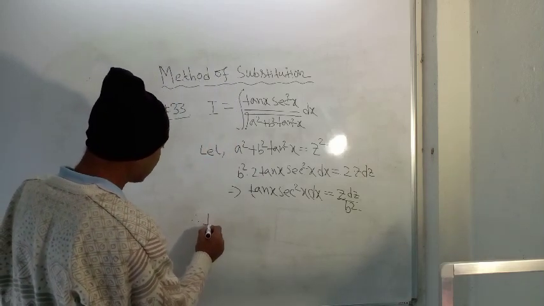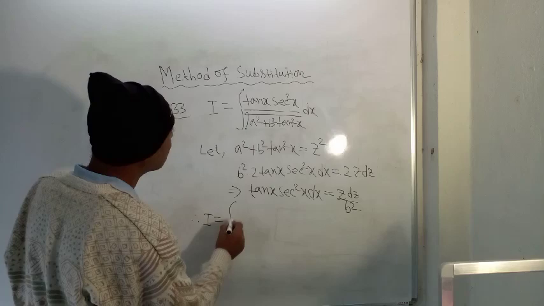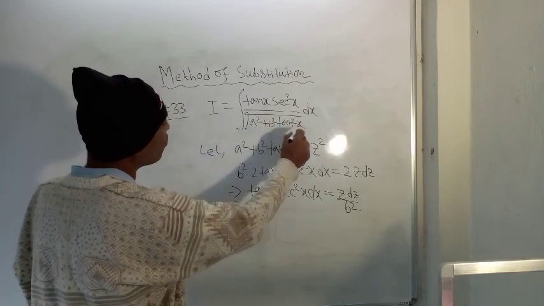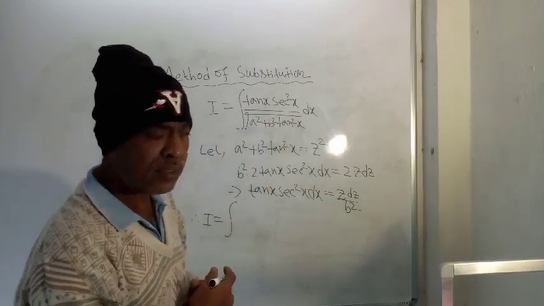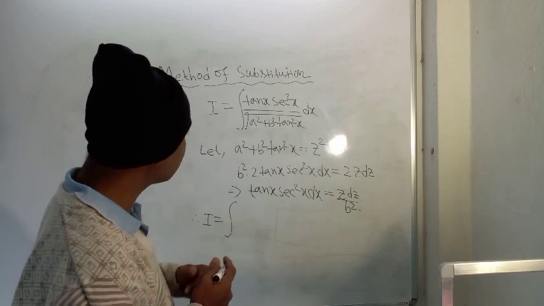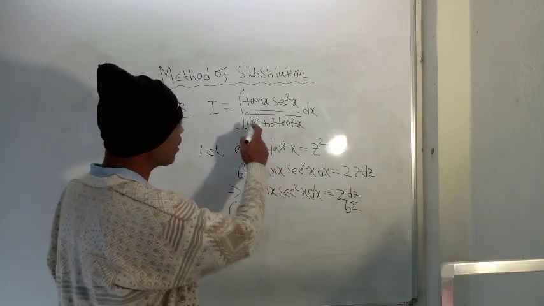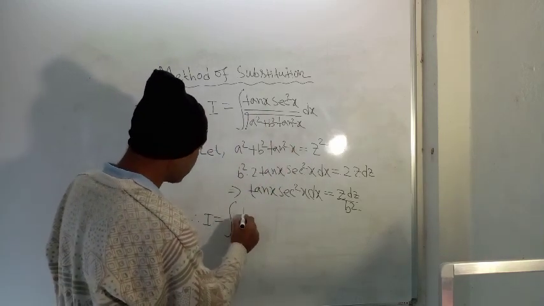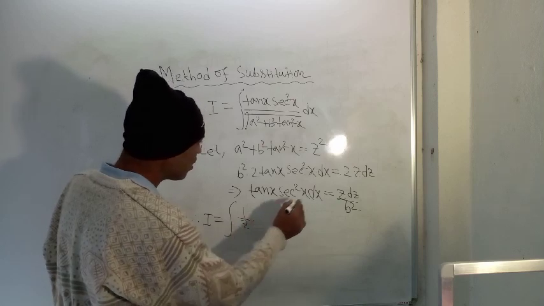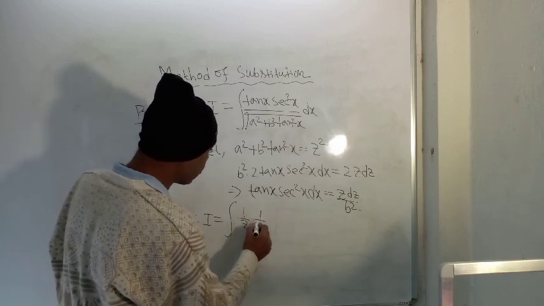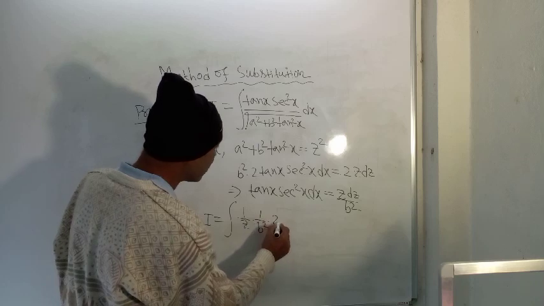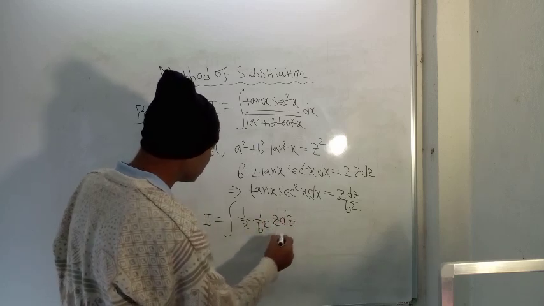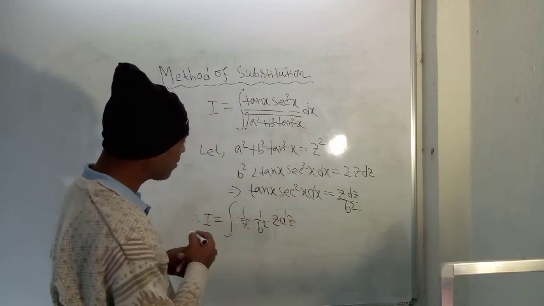Therefore, integration I is equal to integration of 1 by root over of a square plus b square tan square x, which is under root, so 1 by z, and there we are getting 1 by b square into z dz. This z and this z are cancelled.